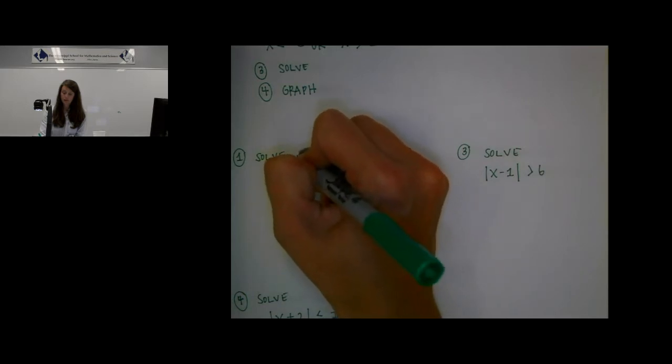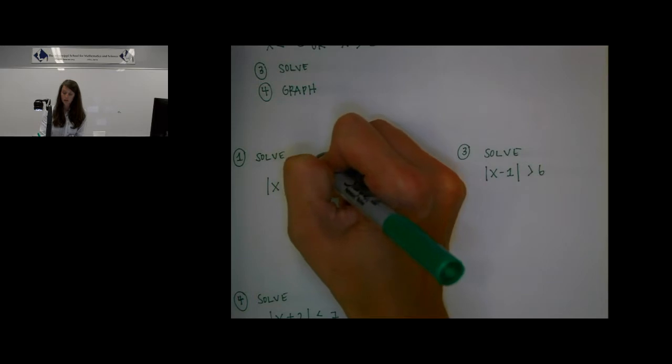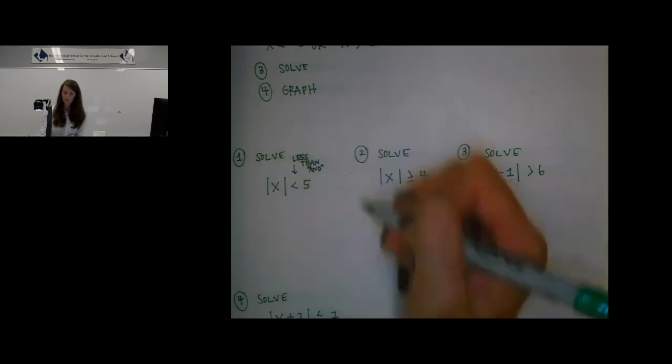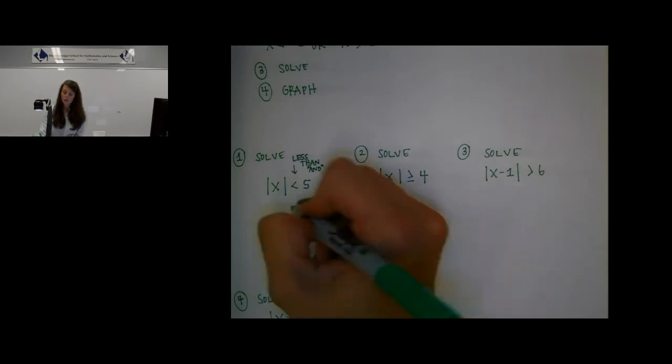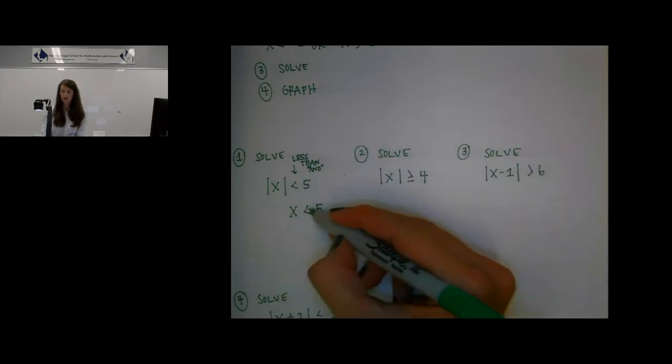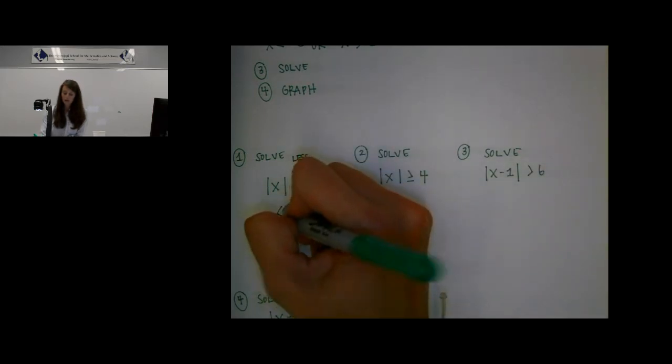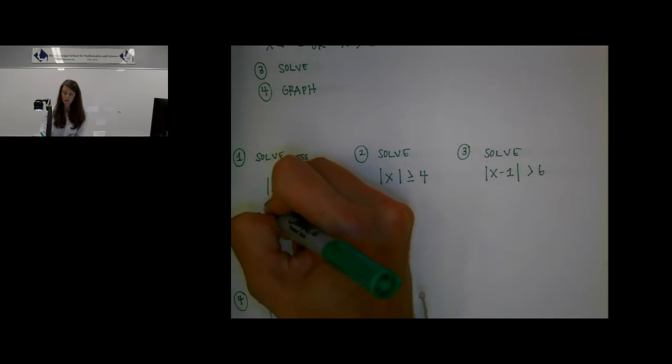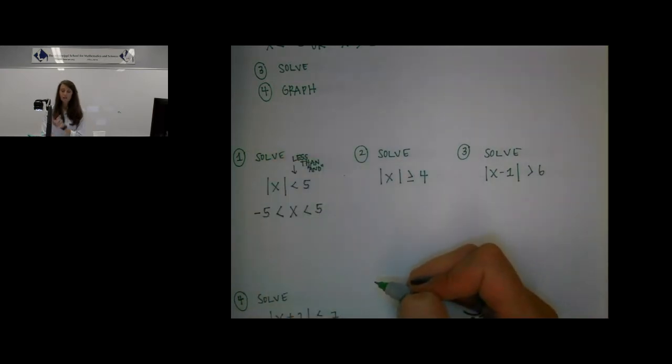That is a less than. So less than means and. So what we're going to do is we're going to say x is less than 5. So I'm removing the absolute values and I'm going to have x is less than 5. And also over here I'm still going to have a less than, but I'm going to change it to a negative 5. So it's going to be in between those two values.